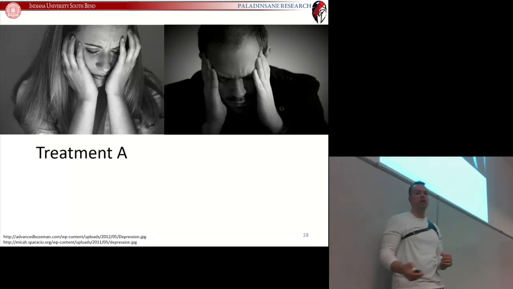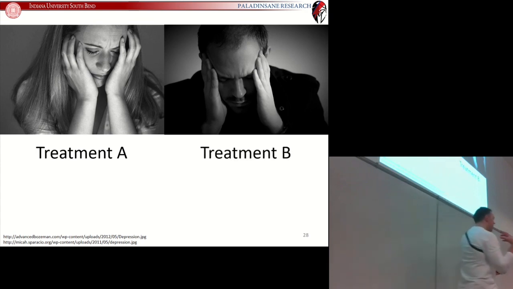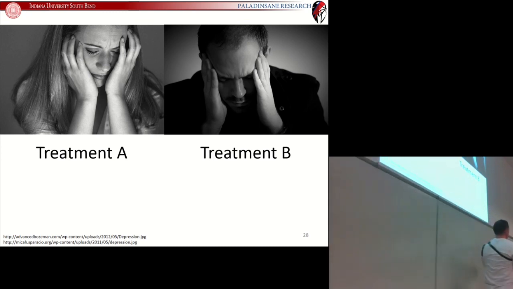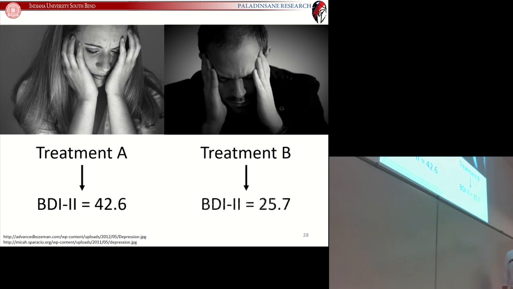We've got treatment A and treatment B. You give one group of your patients treatment A and another group treatment B, and then after the treatments, you measure their Beck Depression Inventory score. Higher scores mean greater depression. For treatment A, the average for that group is a score of 42.6. For treatment B, the average for that group is a score of 25.7.